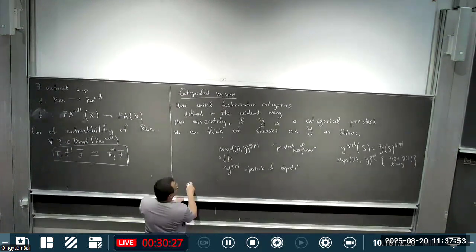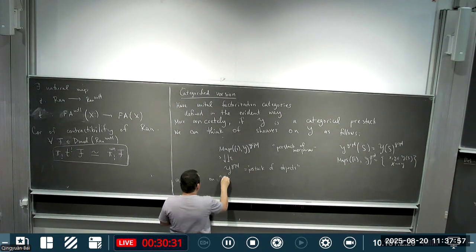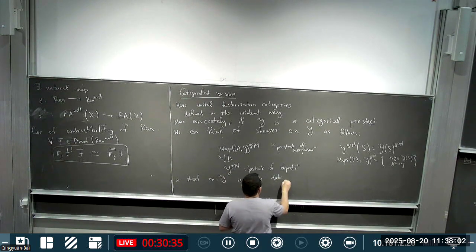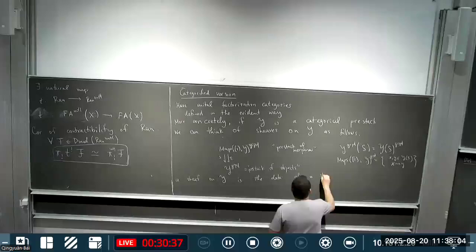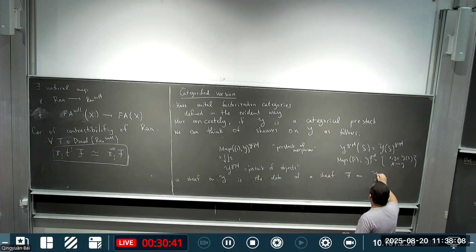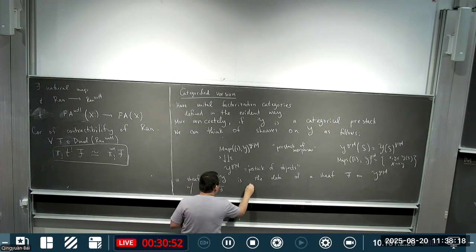And a sheaf on Y is the data of a sheaf F on this underlying groupoid with the following thing. You pull back along the source and you pull back along the target.